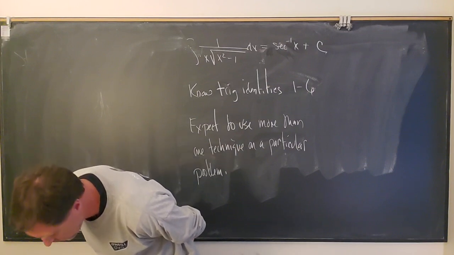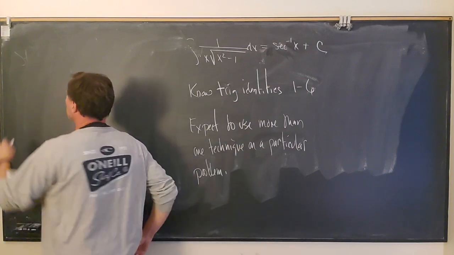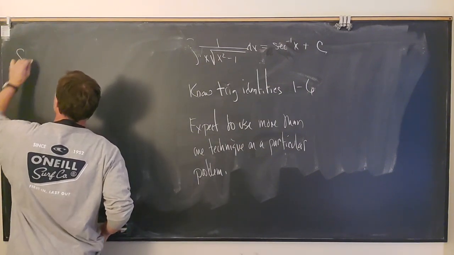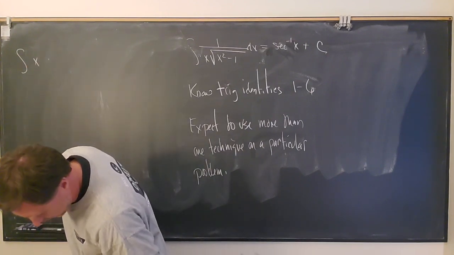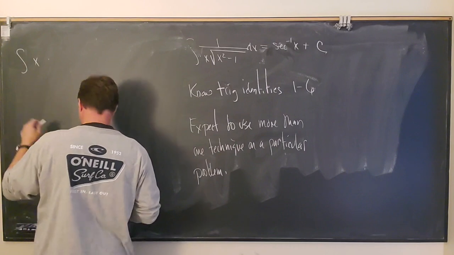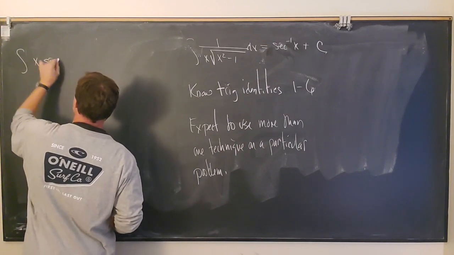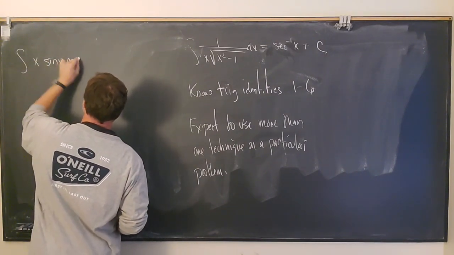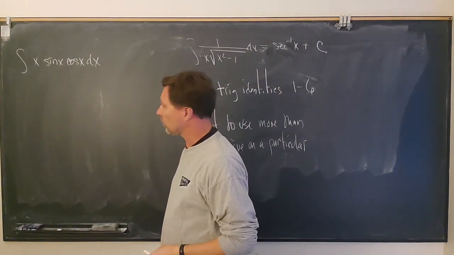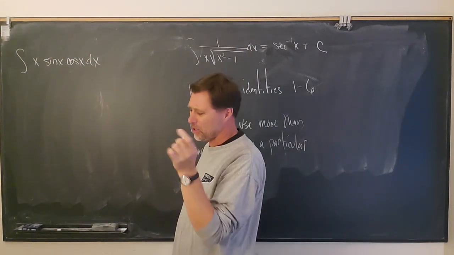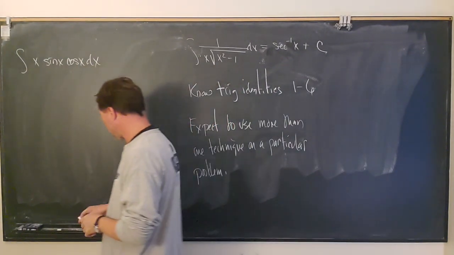So for example, let's look at this one right here. Integral x times sine x times cosine x. What you see here, this is not one that you've seen. Actually, I think you have seen this on a previous homework, but it's not one of the standard ones.